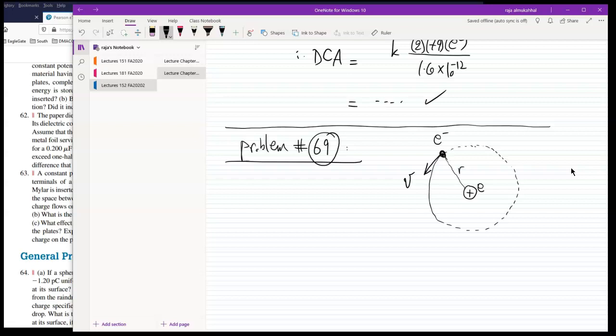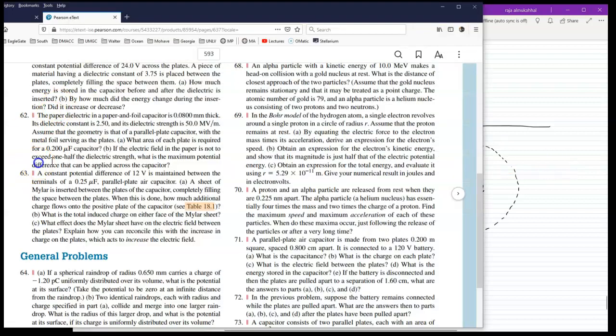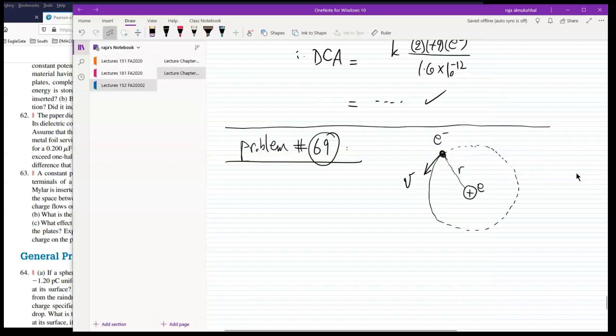Let me recall what he's asking for. By equating the electric force to the electron mass times its acceleration, derive an expression for the electron speed. So what he's doing is this. As the electron goes around the nucleus, if I write down F equals ma for the electron, this is the mass of the electron, m, times the acceleration of the electron.